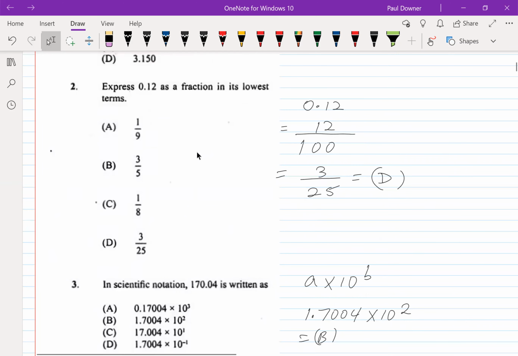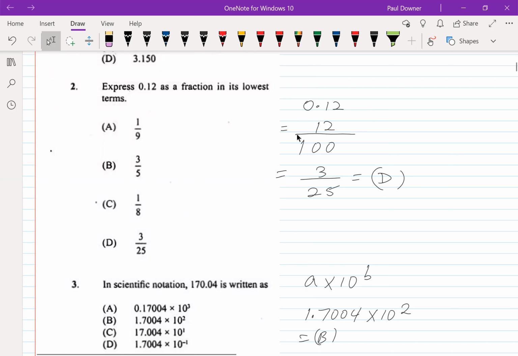In the next one, they say express 0.12 as a fraction in its lowest terms. So we write down the 0.12, and to convert a decimal to a fraction, we write back the decimal. So if it is 0.12, we write the 12 on top.